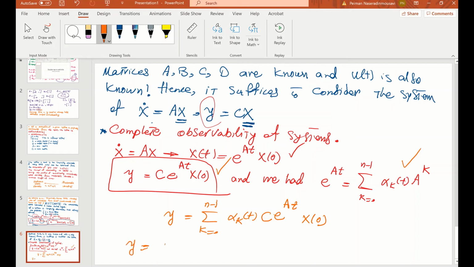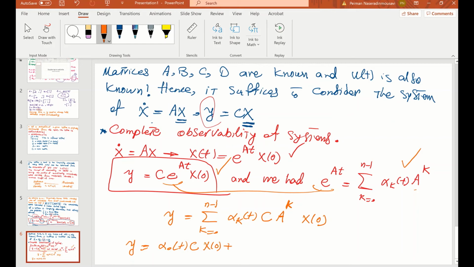Look at here, guys. k0 is going to be alpha naught of t, C, A to the power of 0, which is the identity matrix, times x at time 0.